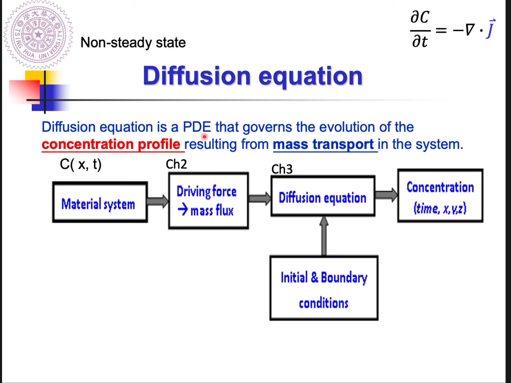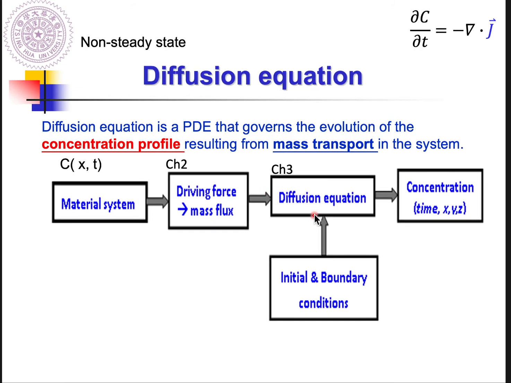Okay, so normally we start by determining what kind of material system we are dealing with. If we deal with diffusion or mass transport in your materials, you need to determine how many driving forces are involved in this diffusion process, the mass flux.